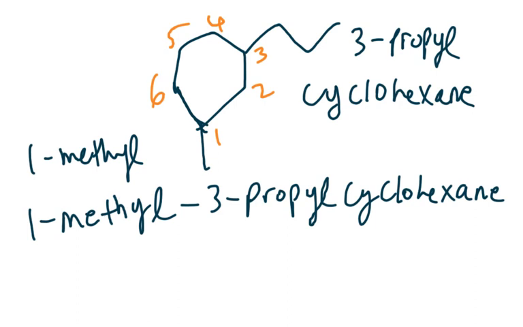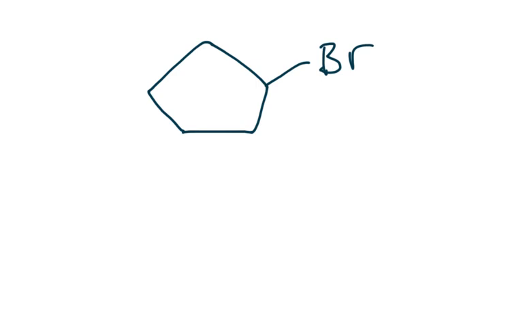Now let's do another example. Let's say this time we weren't working with a cyclohexane, and let's just do one substituent there and another one here. Seeing this right away, what do we need to do first? Because now there's more than one substituent. Actually, first, if we just wanted to name this, it would be easy.